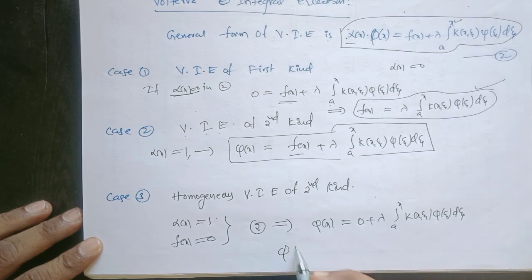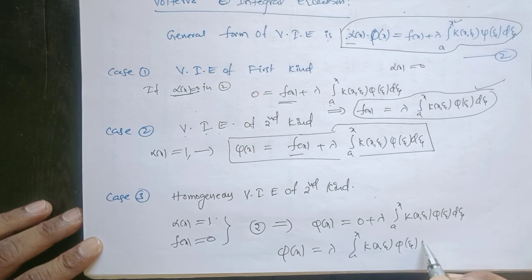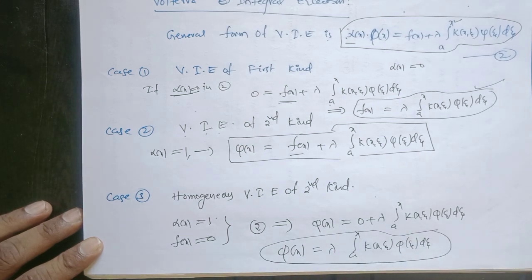That means phi of x is equal to lambda times the integral from a to x of k of x, xi phi of xi d xi. This is called the homogeneous Volterra integral equation.